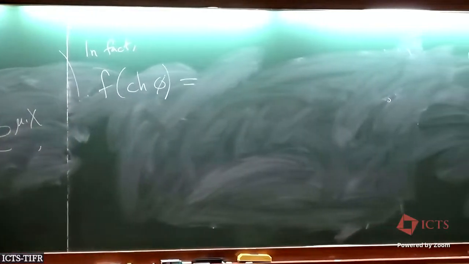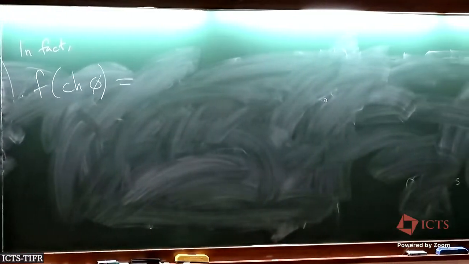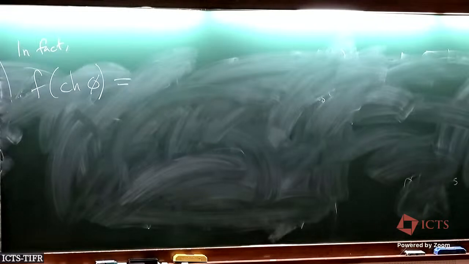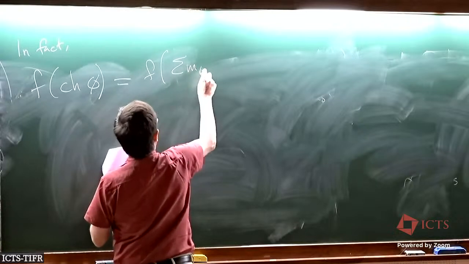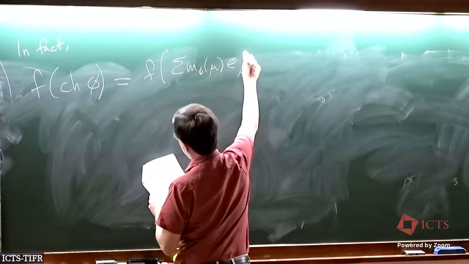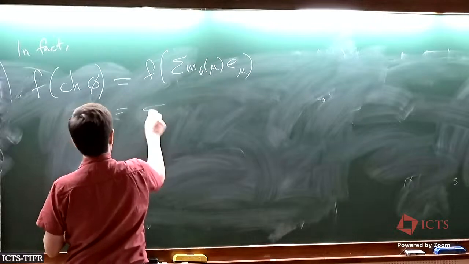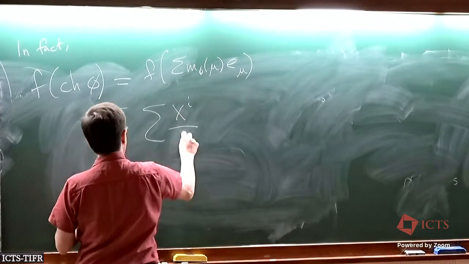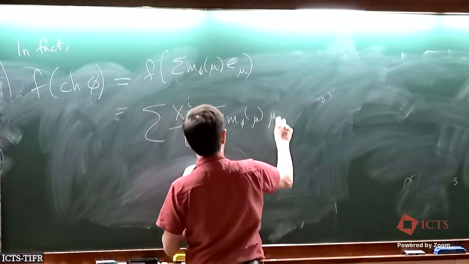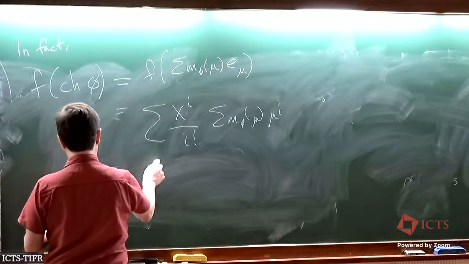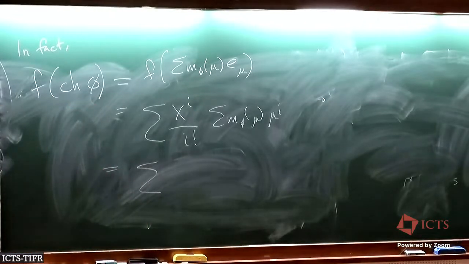If I apply this C-algebra homomorphism, defined on the basis like this, to this character, what do I get? It's the sum of x^i over i factorial, m_lambda of mu, mu to the i, and that is the power sum.